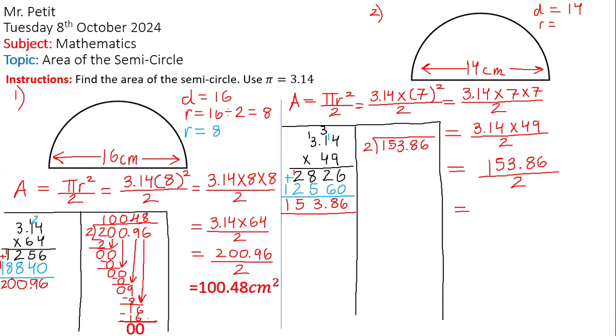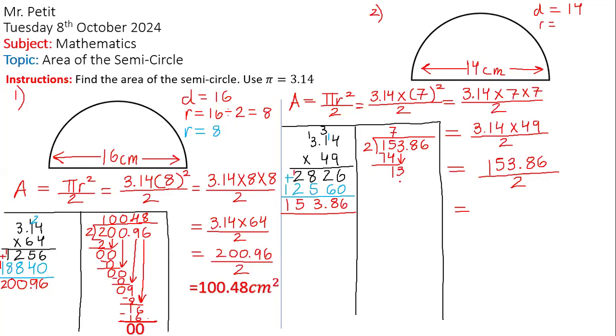How many times does 2 go into 15? 7 times. 2 times 7 is 14. 15 minus 14 is 1. Bring down the 3, right?